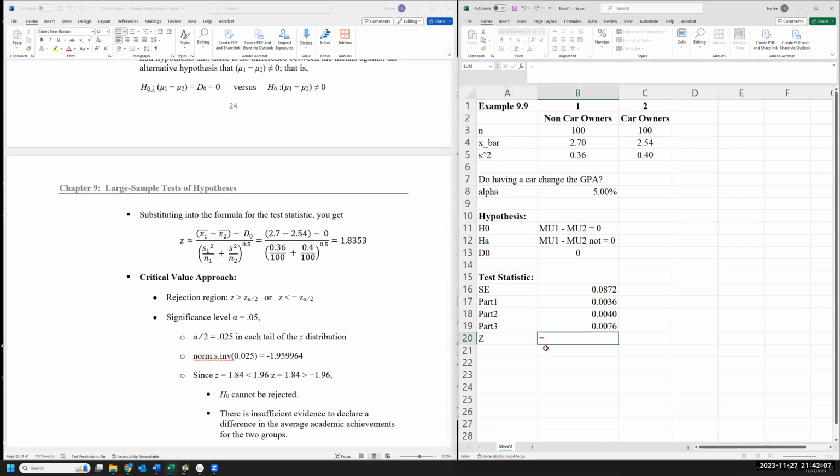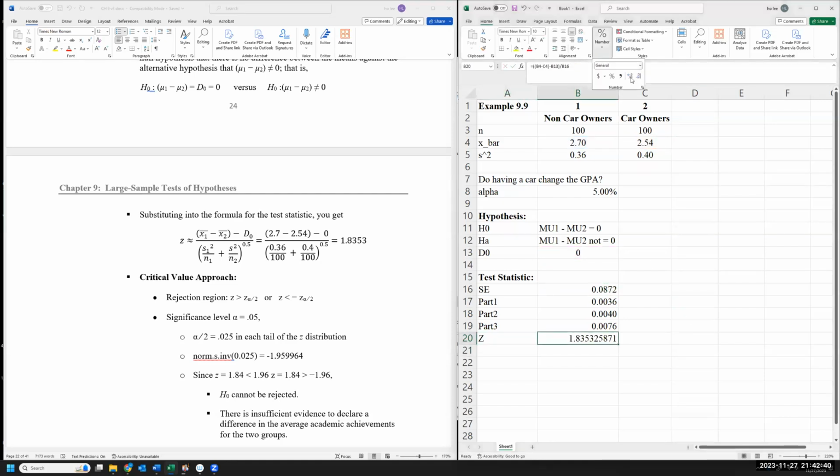And that is equal to the sample average from population 1 minus the sample average from population 2 minus D naught, and this whole thing has to be bracketed, divided by the standard error.